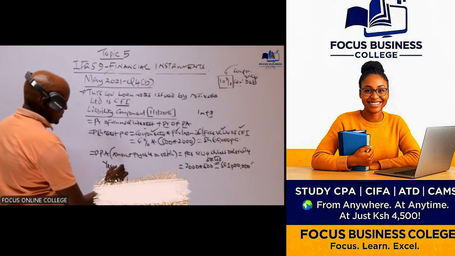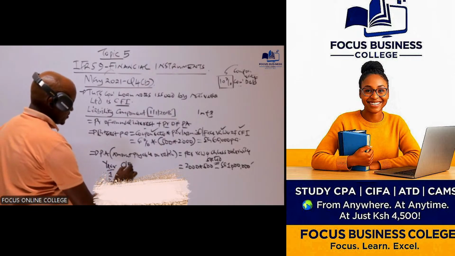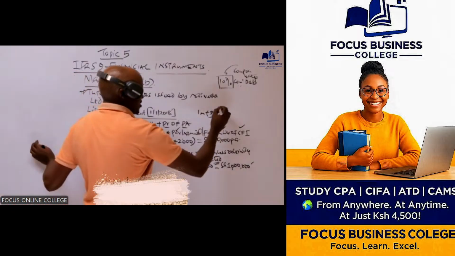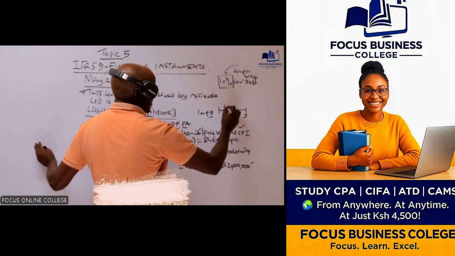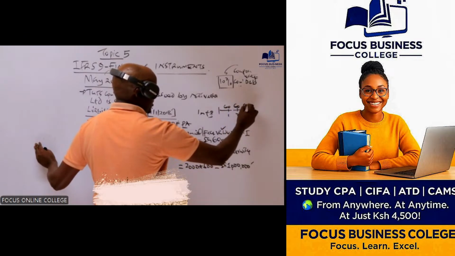We can just refer to this as cash flows, the amount to be paid by our company. So in year 1, our company will pay 60,000, the annual interest, because we have said this interest will be paid in year 1, year 2, year 3. 60,000, 60,000, 60,000.